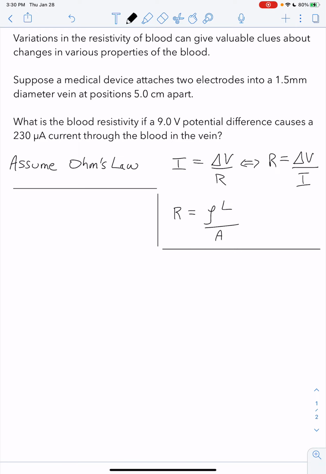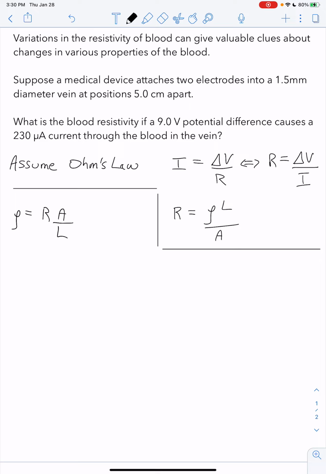So let's start, since we are ultimately interested in the resistivity, by rewriting this equation in terms of the resistivity. So by doing that, we write the resistance, and then we've got area over the length.